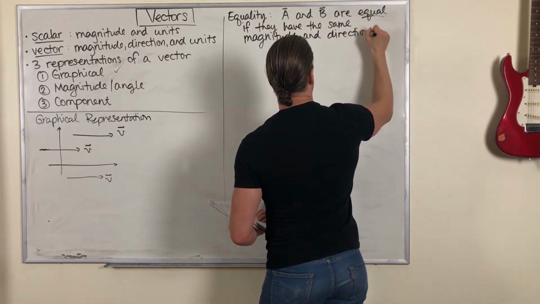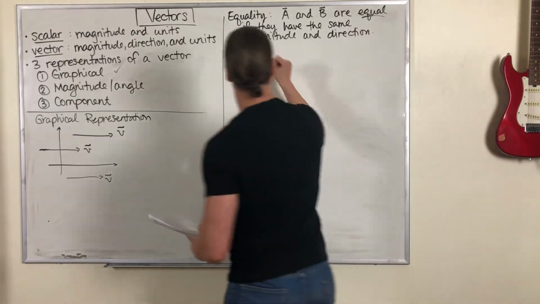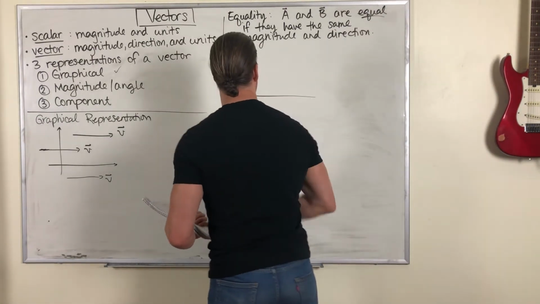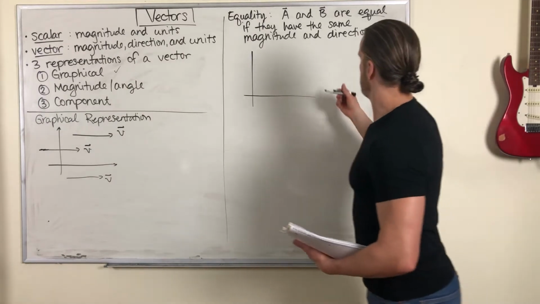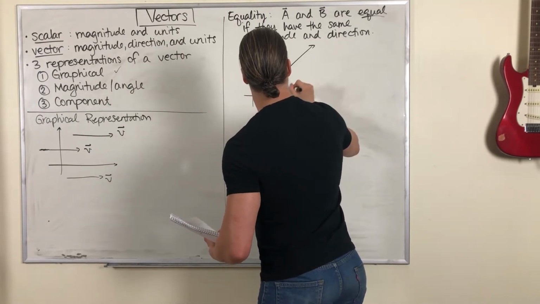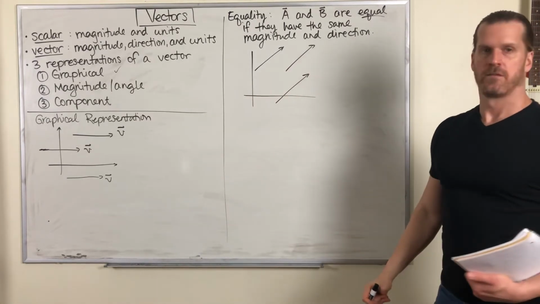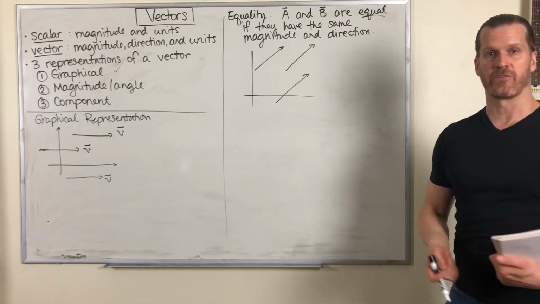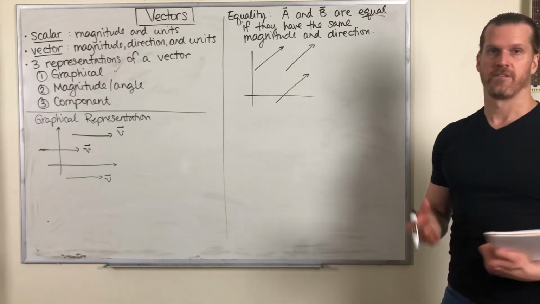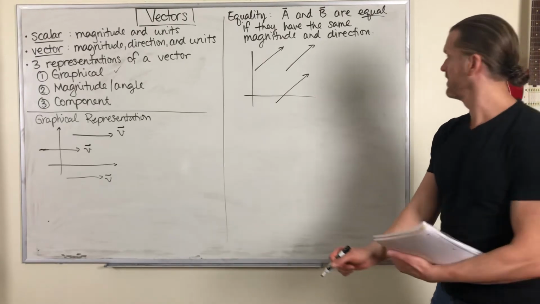As another example, maybe I have some vectors that look like that. All three of those vectors are equal to one another. They all have the same length and they all point the same way.